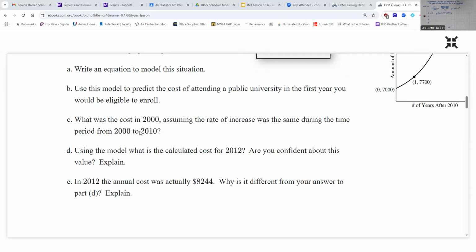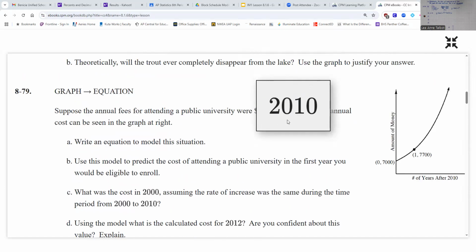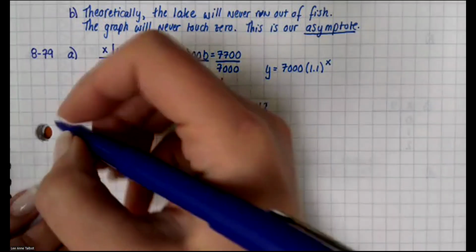C. What was the cost in 2000, assuming the rate of increase was the same during the time period from 2000 to 2010? How many years before 2010 is 2000? 10 years. Okay, so what do we plug in?